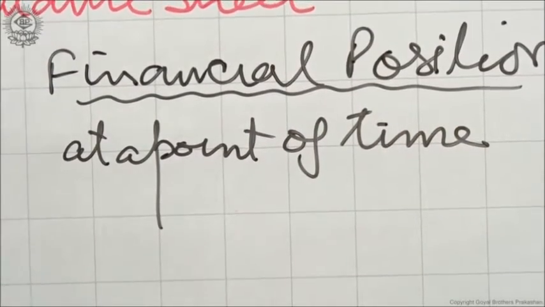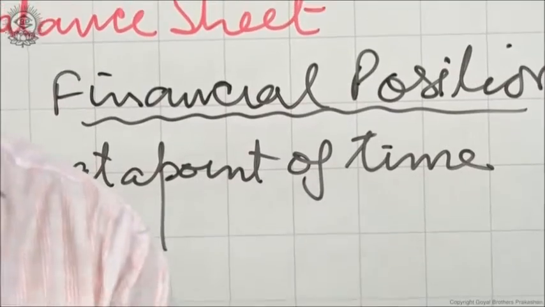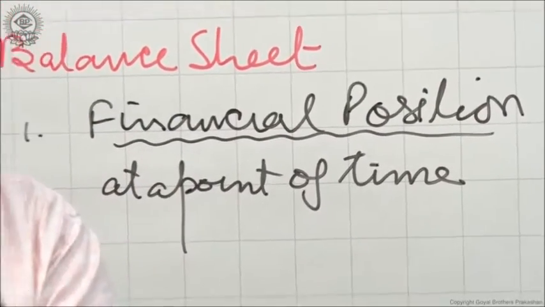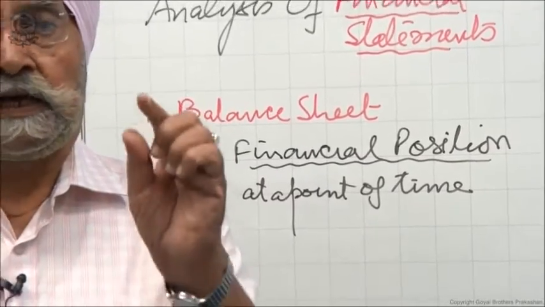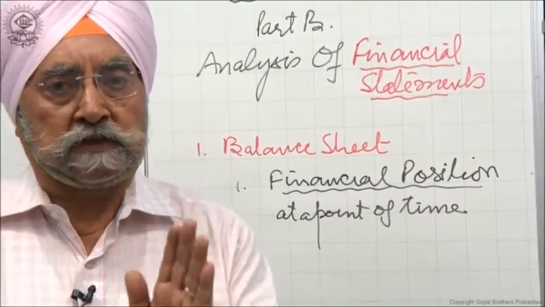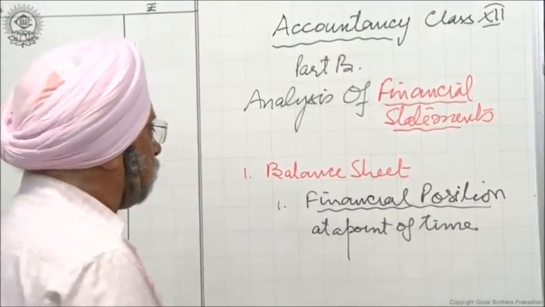At a point of time means just on that date. Maybe it is 31st of March. Maybe it is 31st of December. At a particular point, what is the financial position?